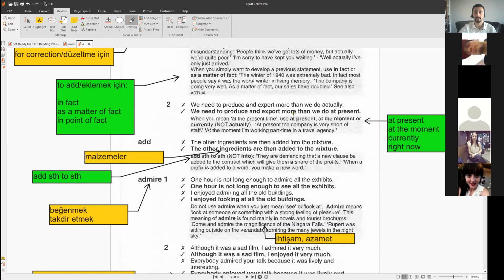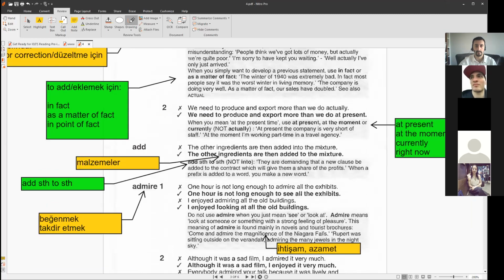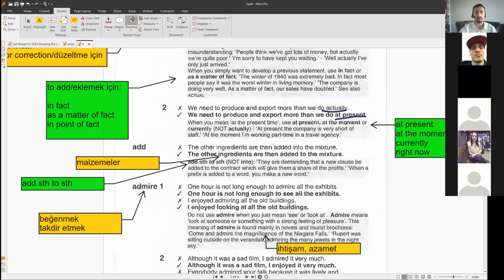Actually, number 2, please. Can I read? Name, please. Chidam. Chidam, please, yes. We need to produce and export more than we do actually. We need to produce and export more than we do at present. Okay, so here, actually and at present. Here in the green box, we have at present, at the moment, currently, right now.